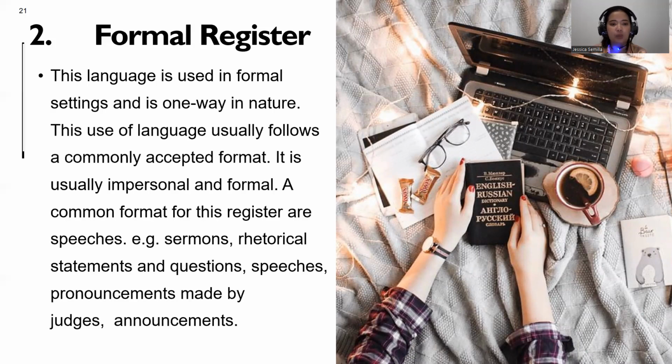So the examples of that one, for example, is when you are doing the speeches, pronouncement, announcement, like that. So again, you're going to use a formal register. So if it's a formal register, of course, you're going to use a formal type of language wherein the one that is acceptable format. Okay?